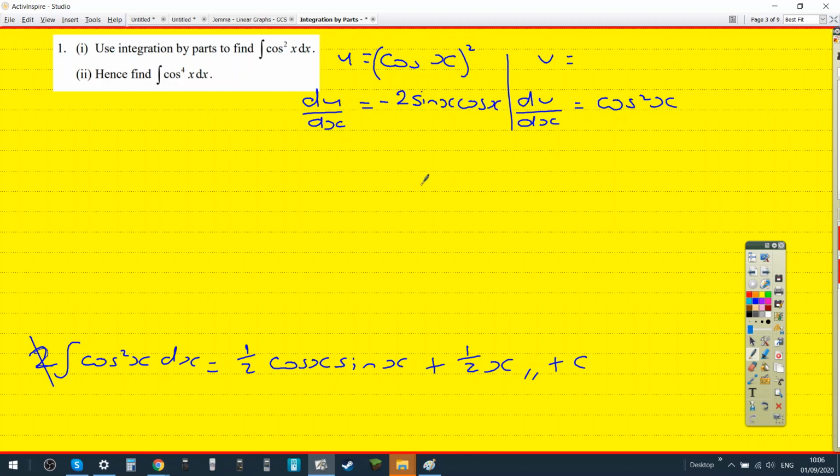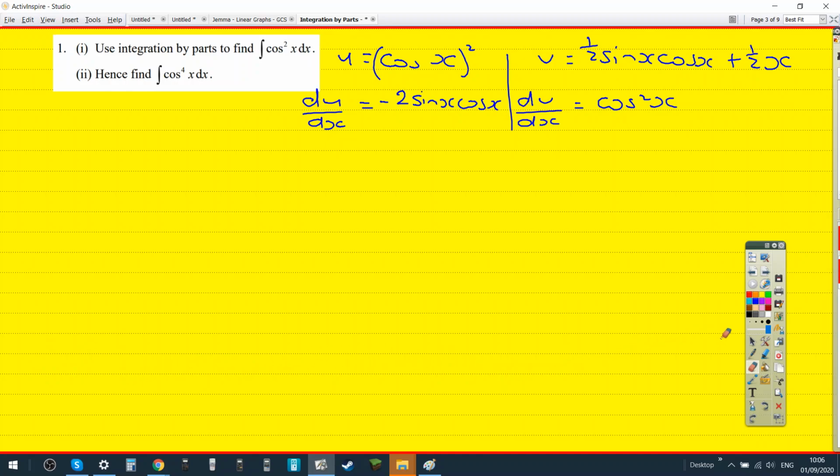And then v, the integral of cos squared x, is half cos x sine x plus half x. I'll just put them as sine x cos x plus half x. So the integral of cos to the 4 x is cos x the whole squared times half sine x cos x plus half x. I'll put cos squared x in a bracket maybe.